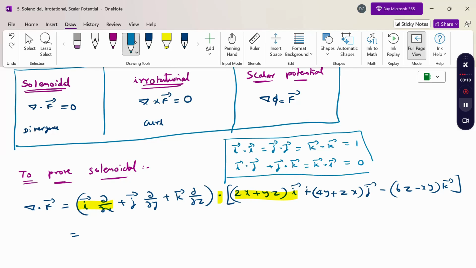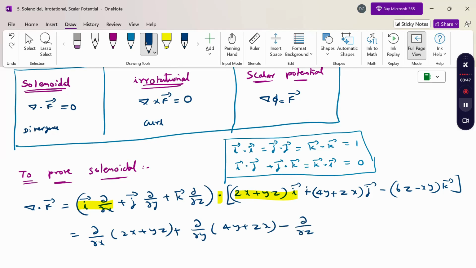Therefore, the first term, i dot i is 1, so dou by dou x of (2x plus yz). Then plus, i dot j 0, i dot k 0. The next term, j dot i 0, j dot j 1, dou by dou y of (4y plus zx), plus k dot i 0, k dot j 0, k dot k 1. Therefore, minus dou by dou z of (6z minus xy).